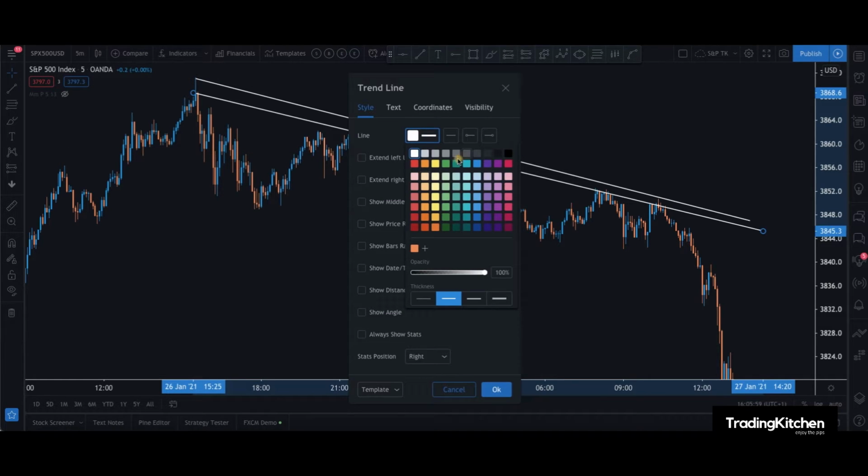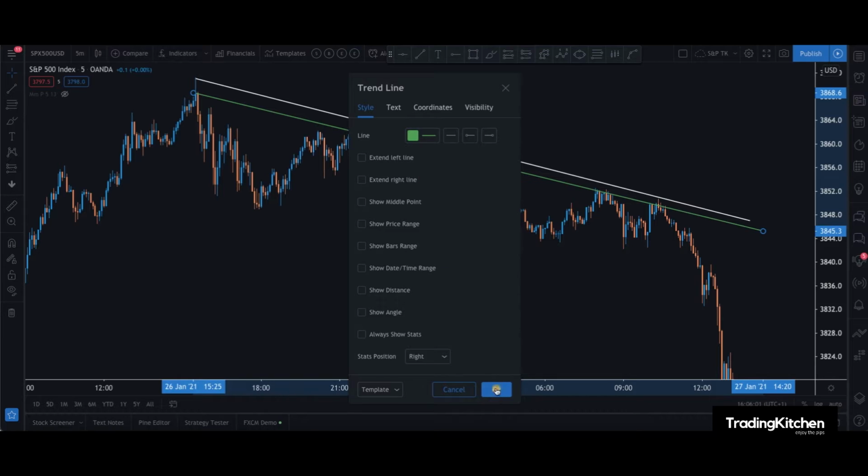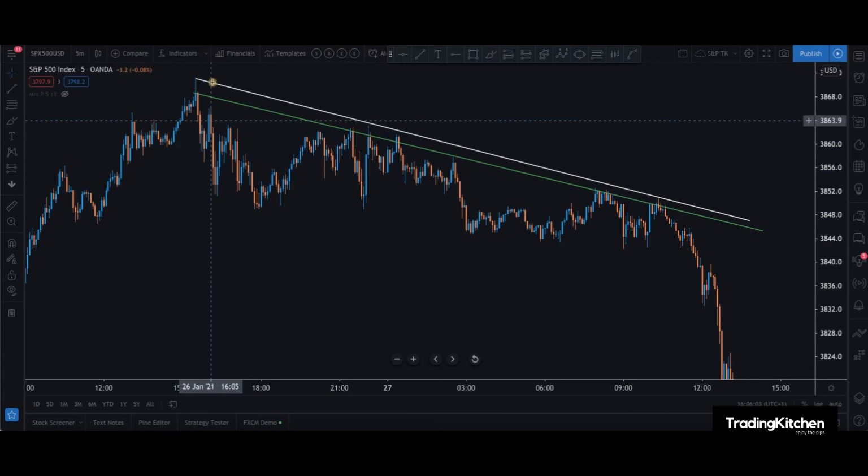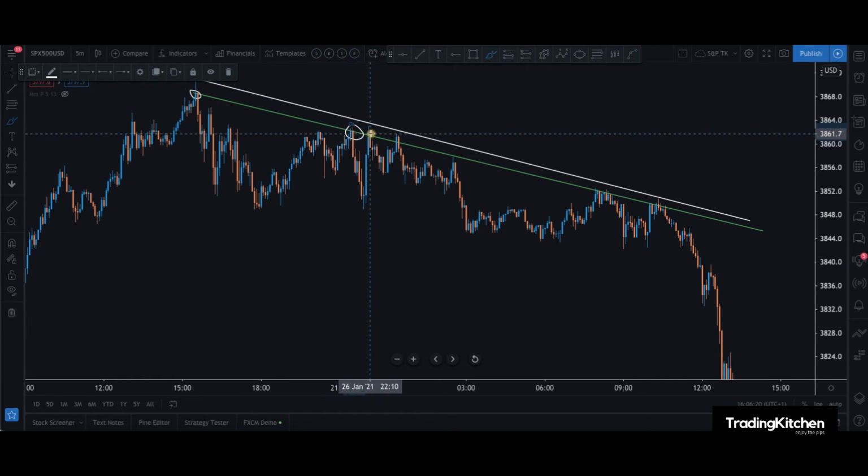Okay, this is a correct trend line, because you need to try to touch as many points as possible. Okay, and why is this important? Because these are all entries.